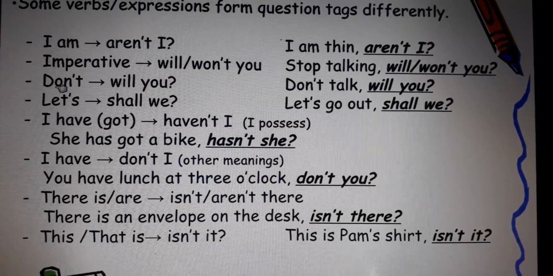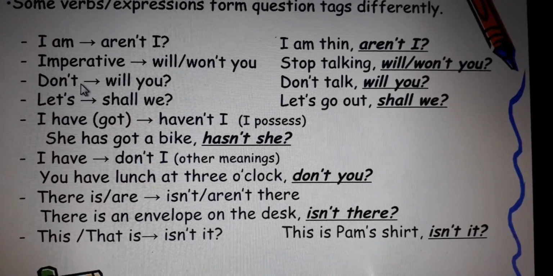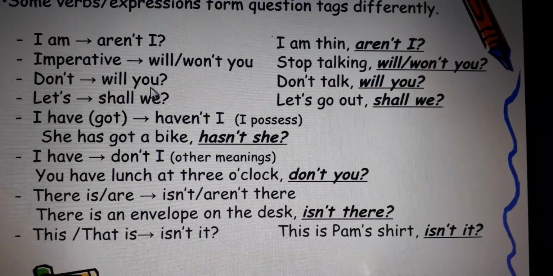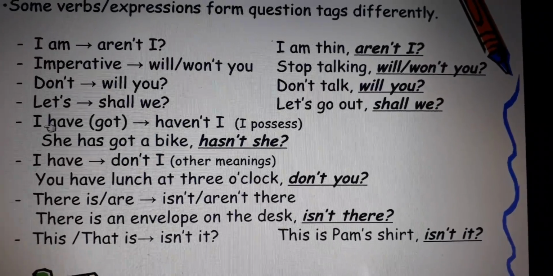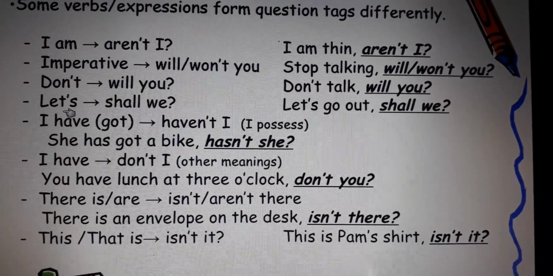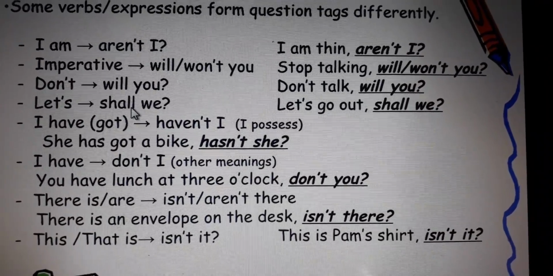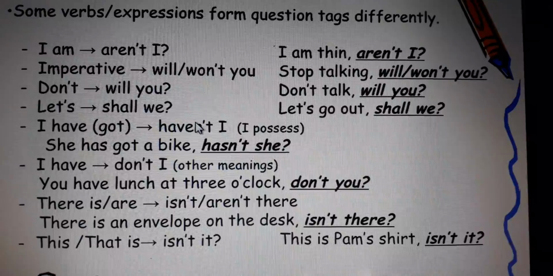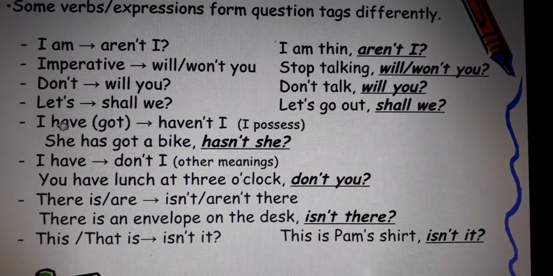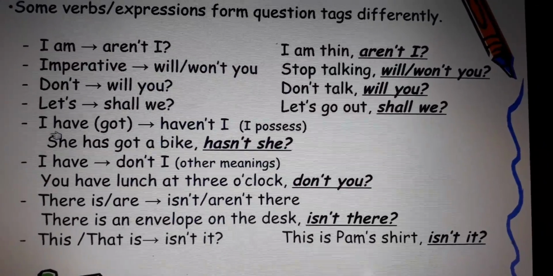Wherever don't is there, like don't do this, you will provide the question tag will you. Let's have some tea, there you will write the question tag shall we. I have will be written as haven't I.